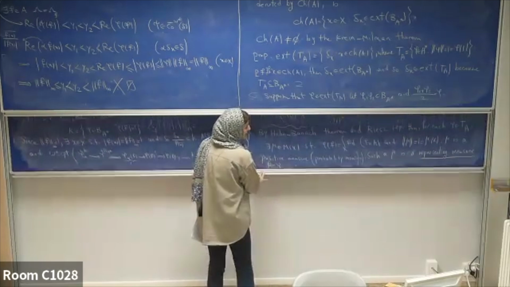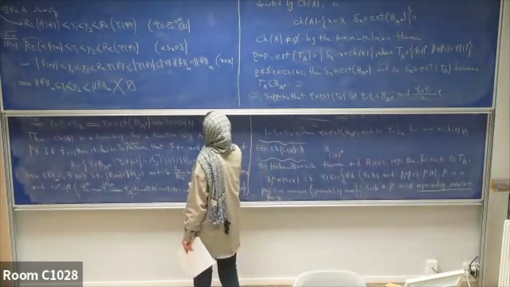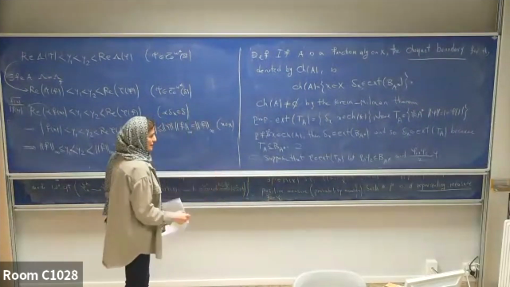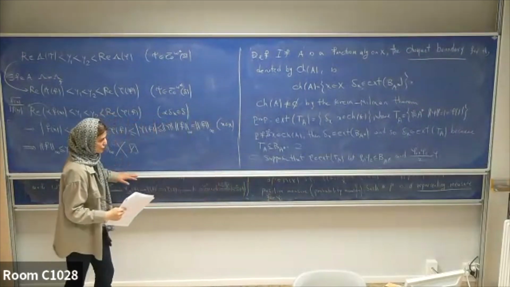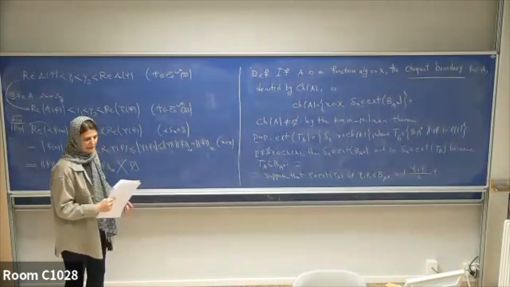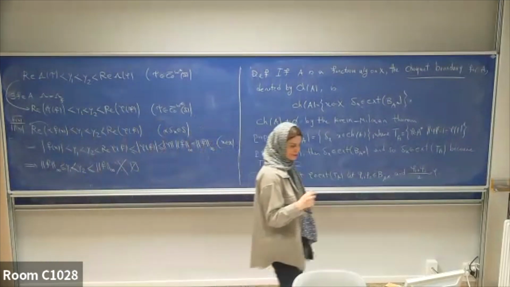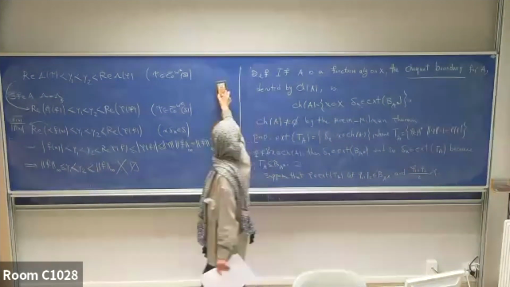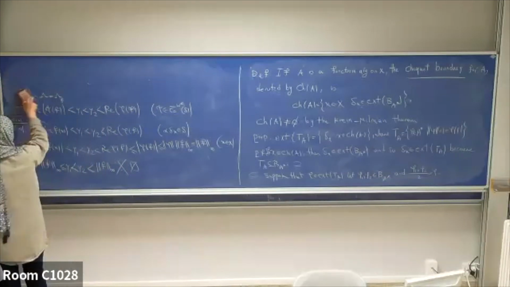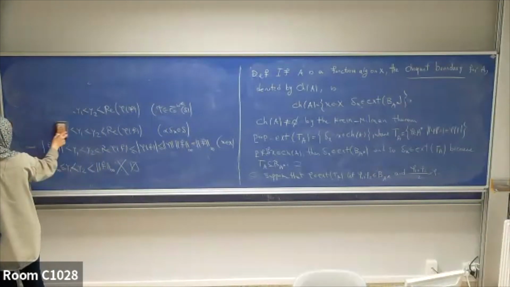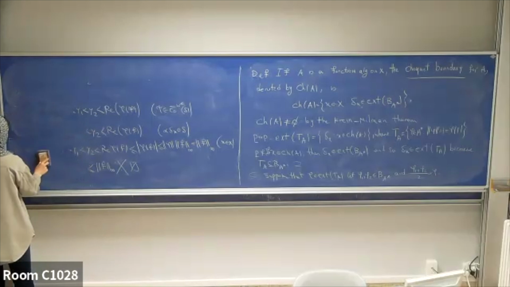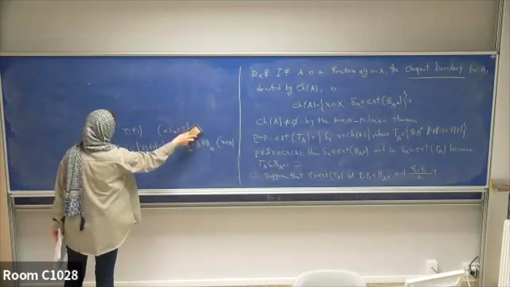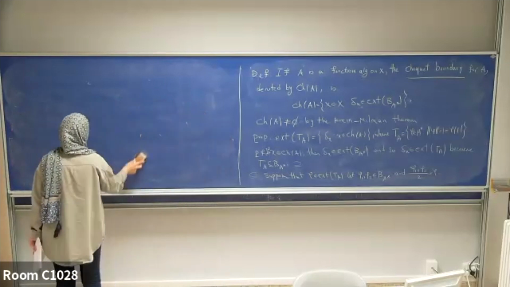And using this representing measure, I can give a nice characterization of points in the Choquet boundary. I can say that x is an element in the Choquet boundary if and only if the only representing measure for delta x is the Dirac measure or point mass measure at x.